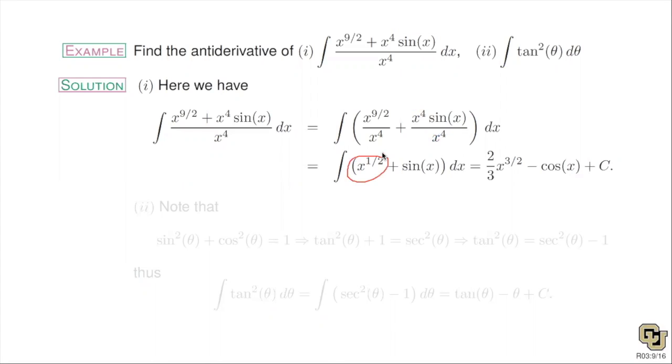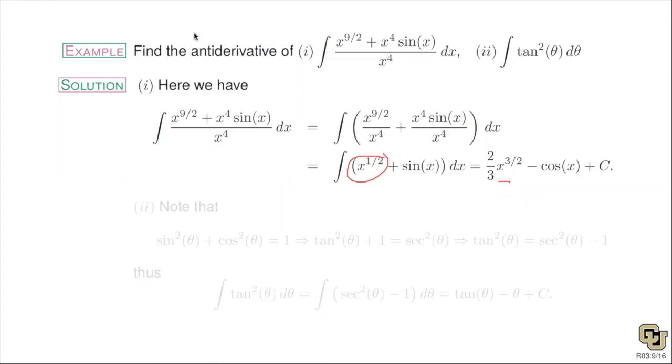The antiderivative of x to the n is x to the n plus 1 over n plus 1. So here 1/2 plus 1 is 1/2 plus 2 over 2. That's x to the 3/2, so that's where the 3/2 is coming from. And then we divide by 3/2. Dividing by a fraction is the same as multiplying by the reciprocal, so dividing by 3/2 is the same as multiplying by 2/3.